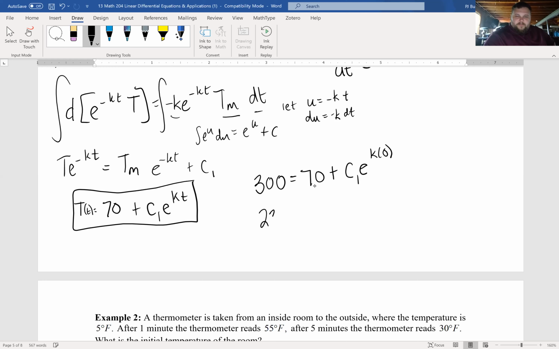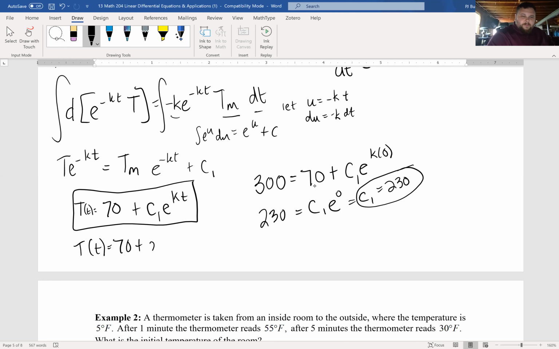So let's see, this would be 230 equals C1. Now e to the 0 is just 1, right? So right off the bat, we get C1 is 230. So now we have that T of t is 70 plus 230 e to the kt.